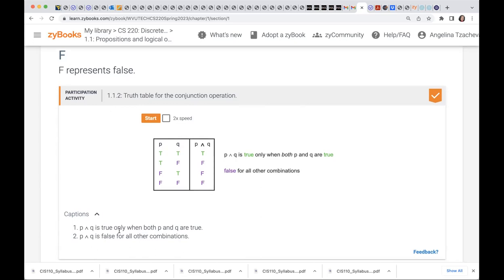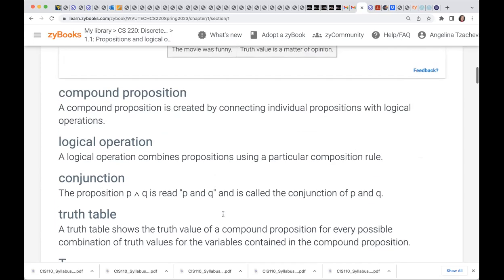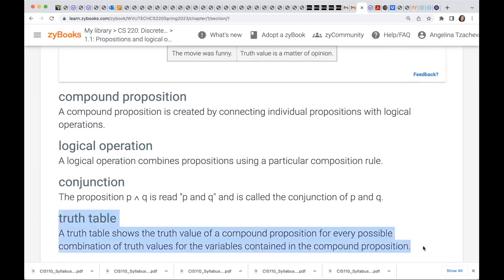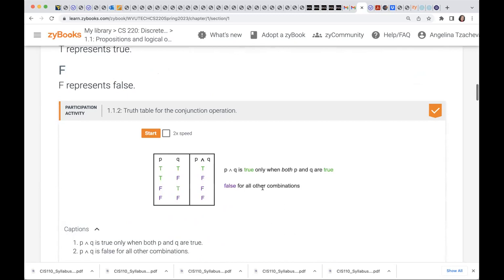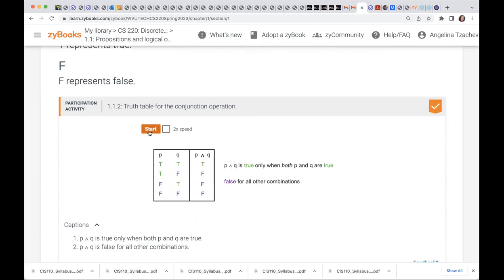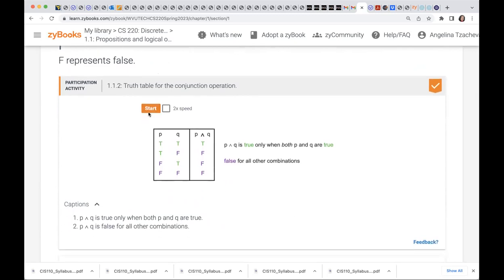So what does it mean, AND? AND means that P and Q is true only when both P and Q are true. The AND is this sign right here. The truth table is going to show whether the statements are true or false for any of the propositions that we are using. So let's play this animation here.